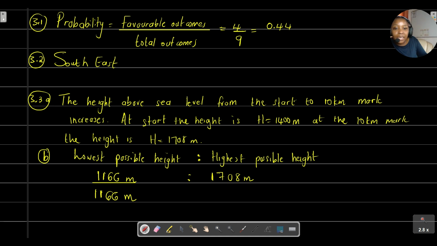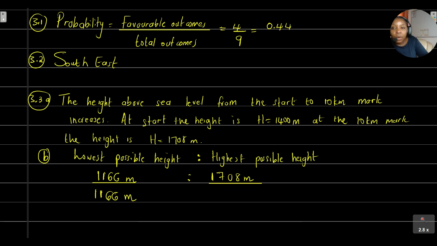What you do on the left hand side, you also need to do on the right hand side. So you're also going to divide that by 1,166 meters. So therefore you'll have 1:1.4648 if you round it off to 2 decimal places, and 3705.